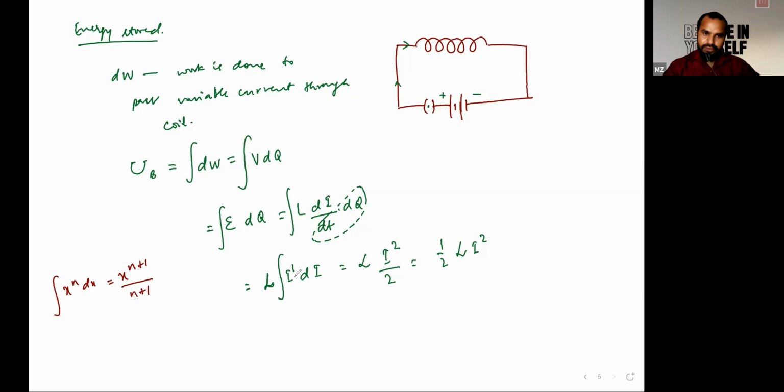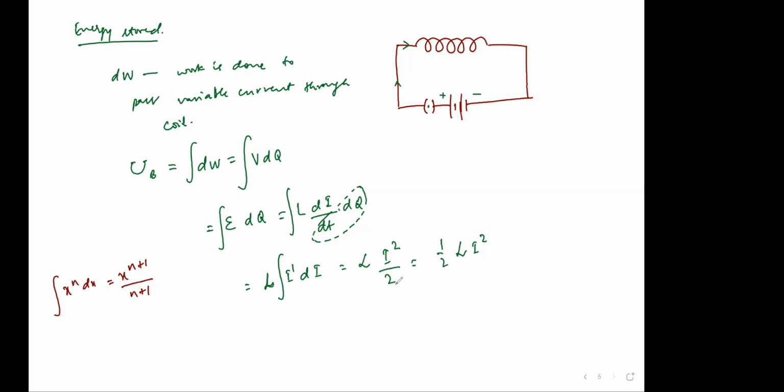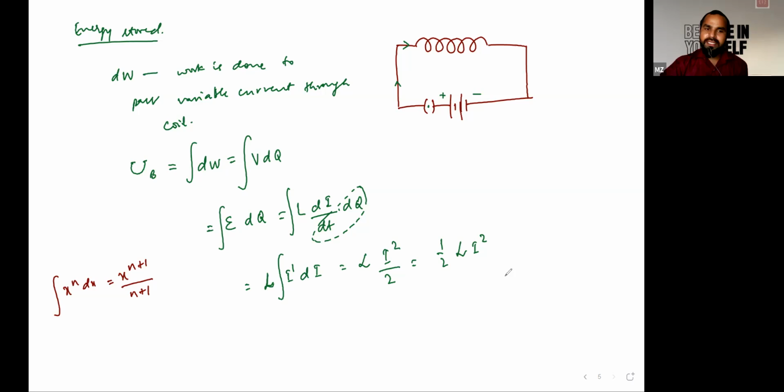We have the exponent of current as 1, so on integrating, it becomes exponent 1 plus 1 divided by 1 plus 1. Yes, sir. Clear. So we won't take into account the negative sign. The negative sign is due to the opposite nature of the EMF and the changing current. So we are just considering the magnitude only. Okay, sir.